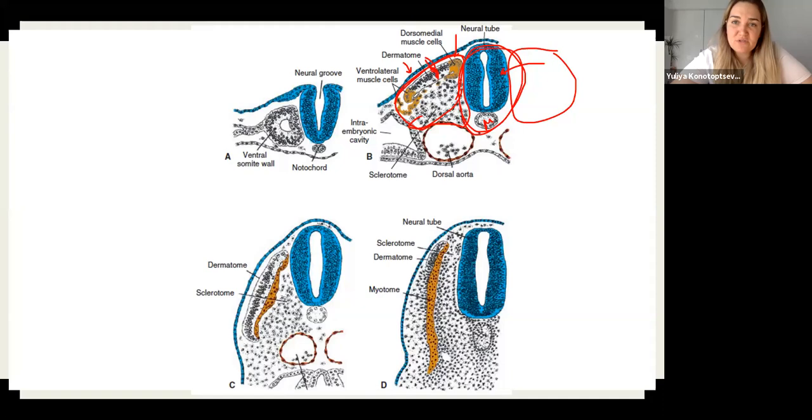And myotomes are always in the brown color, and they are just in the middle. So either this picture or this picture will come, and they will point like here, and they'll ask you, what is that? Dermatome is always closer to the skin. Sclerotome is always closer to the neural tube and notochord. Whatever is in the middle is the myotome. Together, all of this is known as the somite.